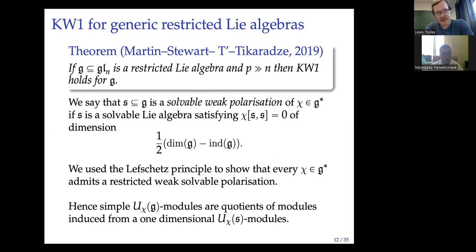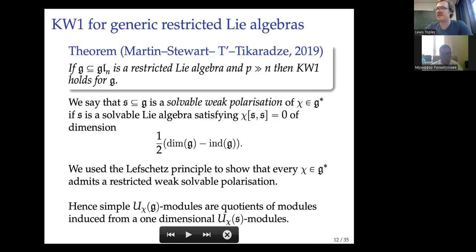So what we do is we say that S is a solvable weak polarization of chi in G star if S is a solvable Lie algebra satisfying this property here, this means precisely that chi gives a one-dimensional representation of S, and S should have dimension half dim G minus the index of G.